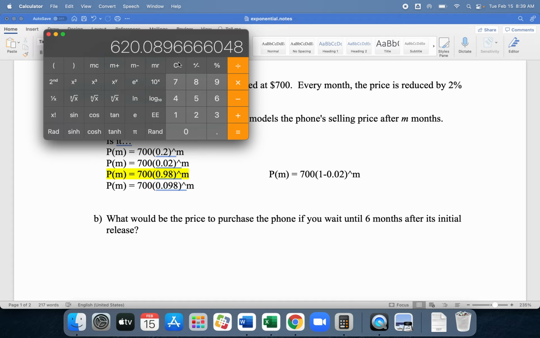If I wanted to know not what the dollar amount changed, but what the percent change in the value is after 10 years, or not years, months, 10 months here, I'd have that 0.98 to the 10th power. So 2% per month for 10 months in a row is not quite a 20% decrease.